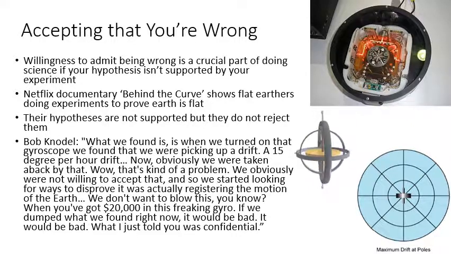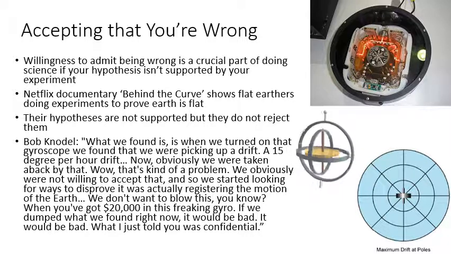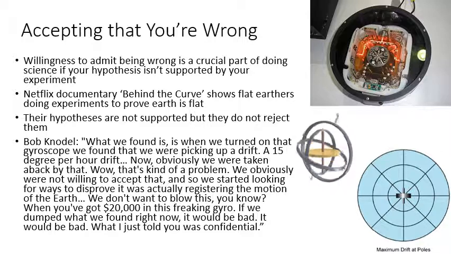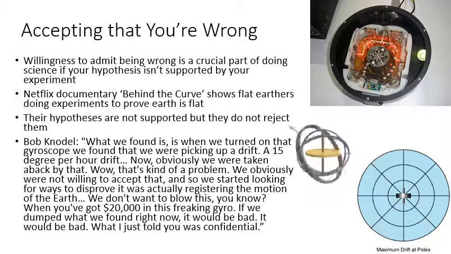We would prefer to find a way that we could be right, actually. But in science, if you're going to be a good scientist, you have to be able to admit it when you're wrong. You have to let go of that attachment to that idea that you really liked, and just admit that that idea was wrong, if it comes out as not being supported by your experiment.